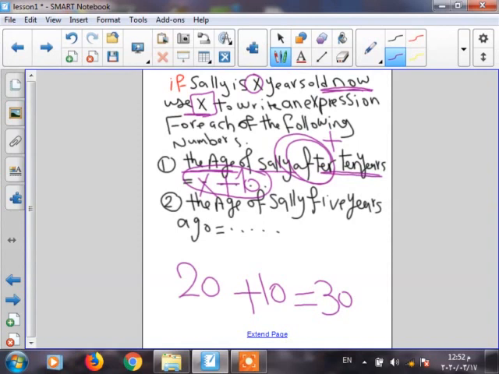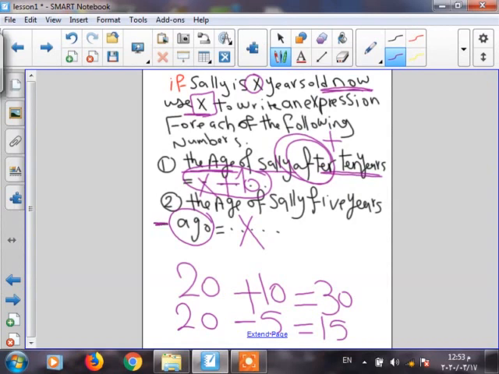Now the next one. The age of Sally 5 years ago. I have here now ago from 5 years ago. Now if I say to you, your age is 20. From 5 years ago, I make here minus 5. Your age will be 15 years old. So, the Sally age now is X. And I want to get the age of Sally 5 years ago.